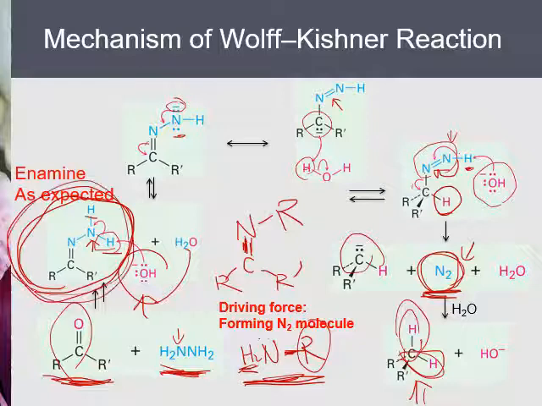This is just the regular primary amine reacting with a ketone to form an imine. But whenever base is added, the two hydrogens on the second nitrogen will be deprotonated, and a triple bond between two nitrogens is formed. Nitrogen gas is formed, and then two hydrogens are added to the carbon to form an alkane.